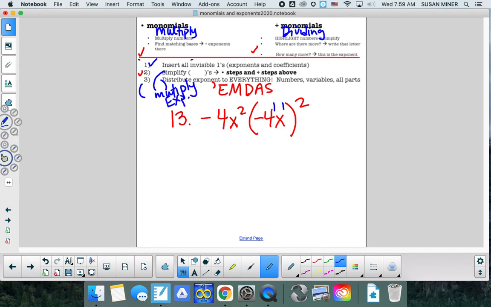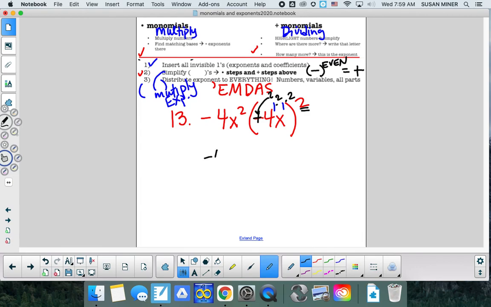Okay, so everything inside is going to get a 2 exponent multiplied by it. And even that exponent is going to affect that negative. Remember, the rule is if I have a negative inside parentheses and an even numbered exponent on the outside, then my result is going to turn positive. So I even have 2 of those negatives that are inside there, which is going to turn that negative to a positive.